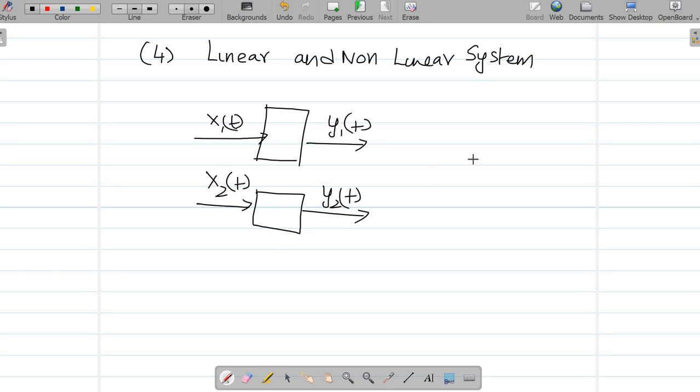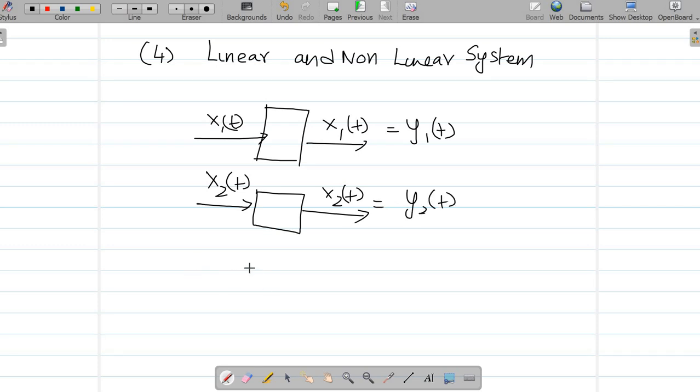Now instead of writing like this, what I can say is the system has the following property, that when I send an input x1 of t, I get the same thing out, which is y1 of t. It doesn't do anything, it just actually transmits the input to the output. Let us say this is y2 of t.